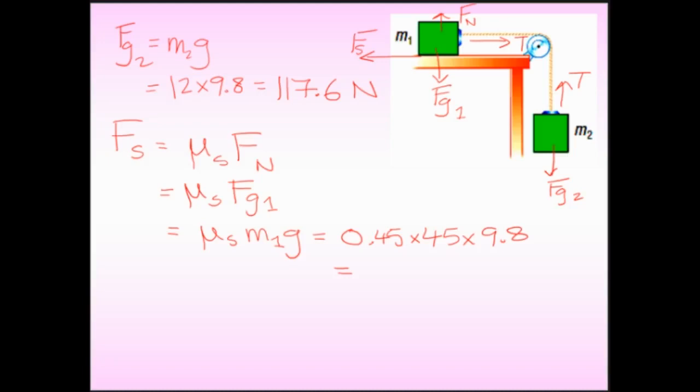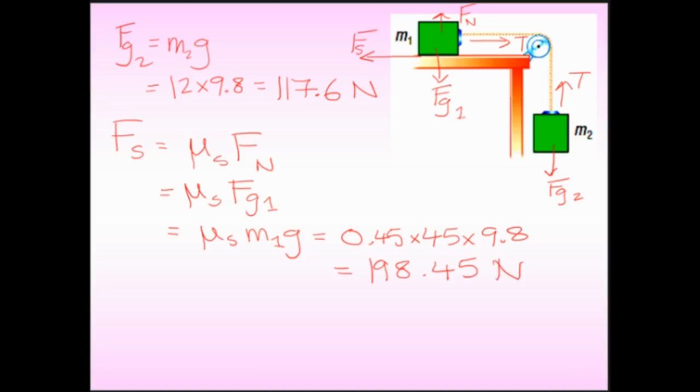How much? 198.45. How many people got 198.45? What did you do? Okay, that's why you got 5% extra, basically. Yeah, perfect.